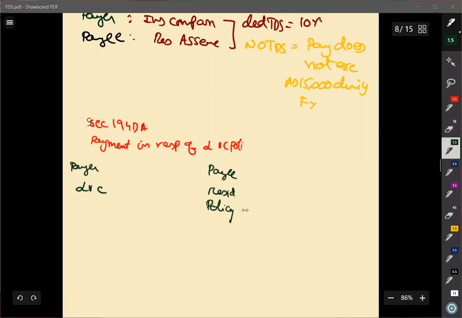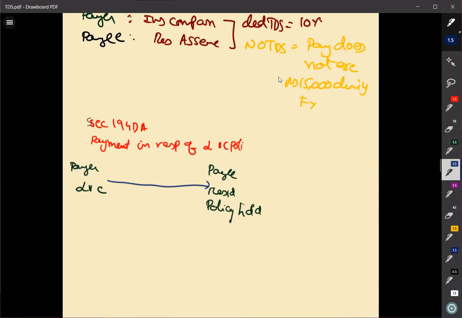So ultimately 194DA is going to be applicable. LIC is making payment of what? LIC is making payment under life insurance policy. Then this provision is going to be applicable.